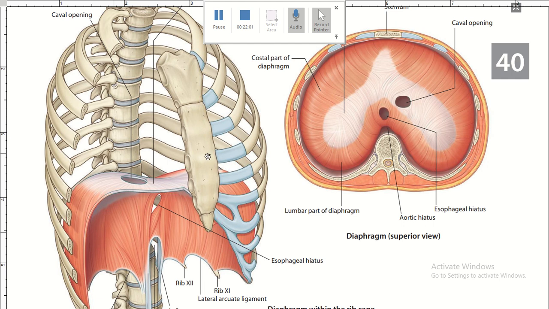Remember, there's high pressure in the abdomen, so you're going to find loops of the intestines and so forth getting into your thorax. Most of the time, about 90%, it happens on the left, where the defect is on the left rather than the right.